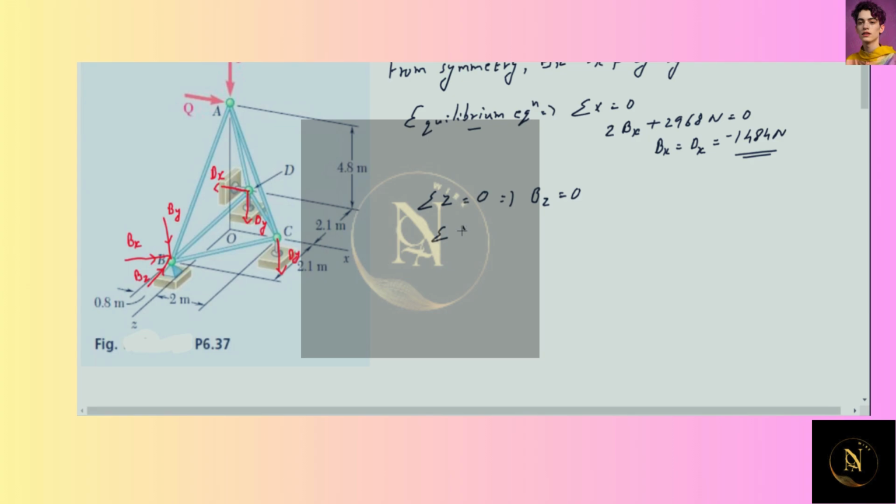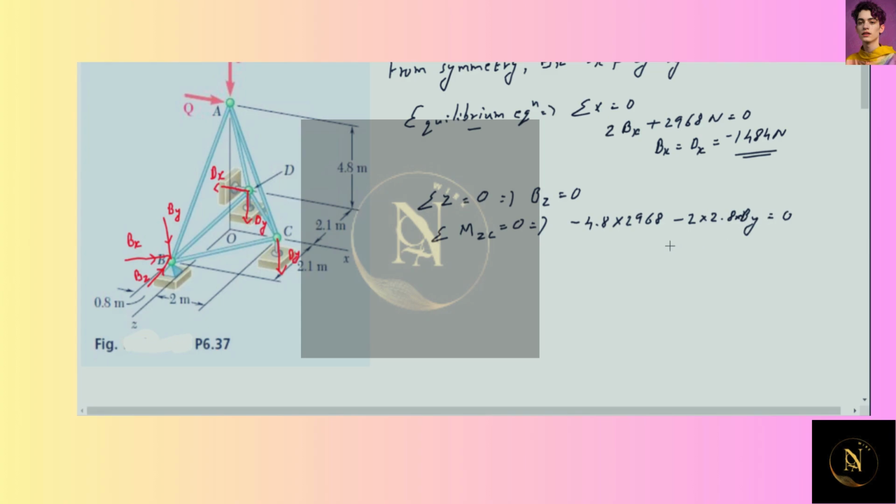Summation of moment along z at joint C equal to 0 gives us minus 4.8 meter into 2968 Newton minus 2 into 2.8 by, because by and dy are the same, equal to 0.